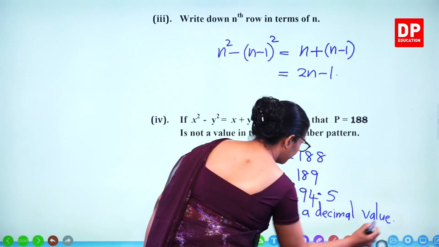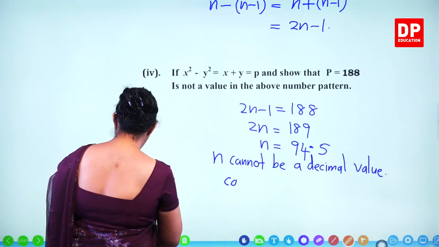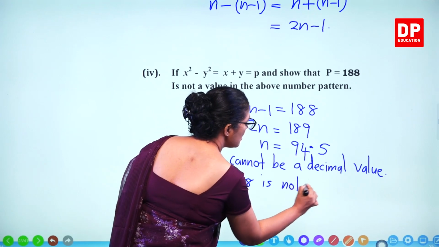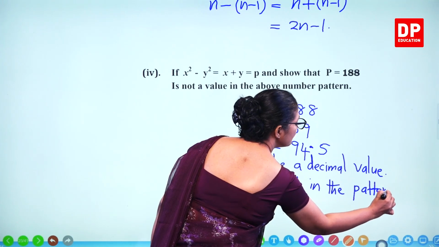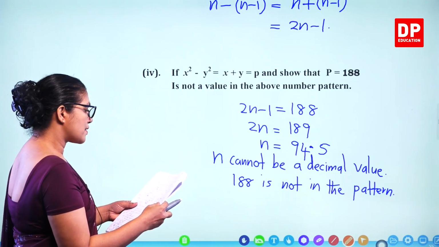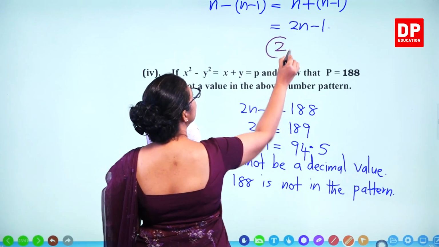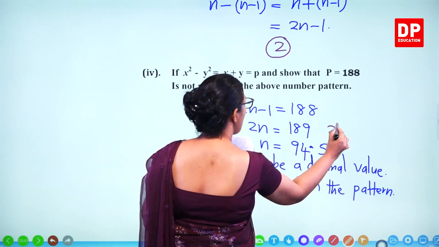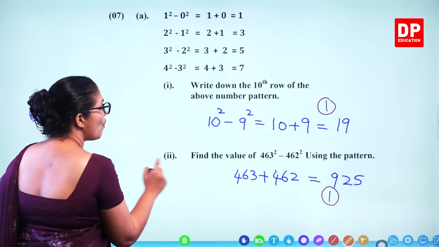So that means you can write 188 is not in the pattern. So how many marks? So 2n minus 1, you get 2 marks here, and 94.5 cannot be decimal, so 2 marks. So we gave 2, 3, 4, 5, 6 marks.